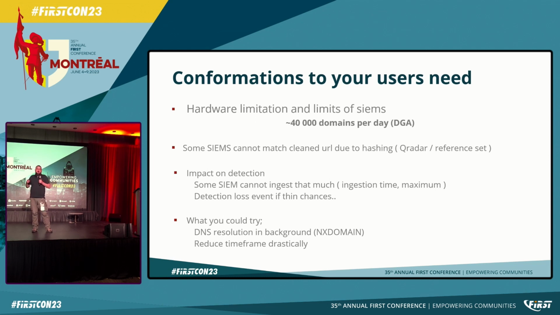So even if you have a QRadar with SSL interception, sometimes you have to go back to FQDN for the connection. And that's quite complicated because you will lose a lot of pertinence, a lot of detection. So for DGA FQDNs, one solution is to reduce the time frame. We know that it's really short. So be short on the IOCs that you input into the SIEM and try to resolve them. If they don't resolve, most of the time you have no problem.